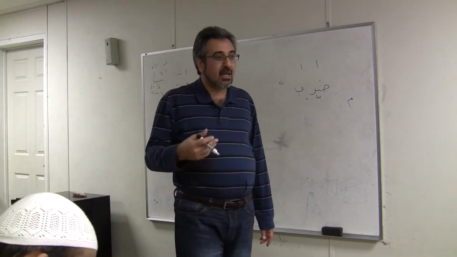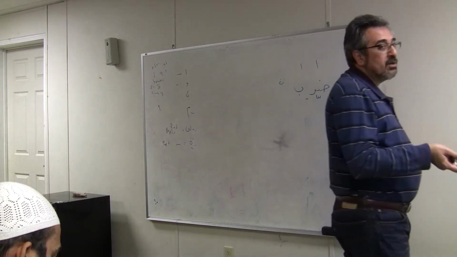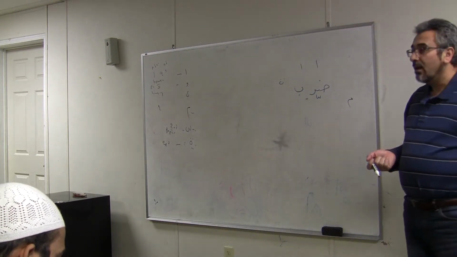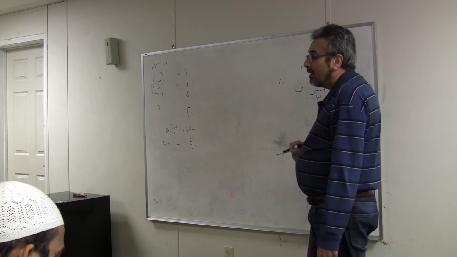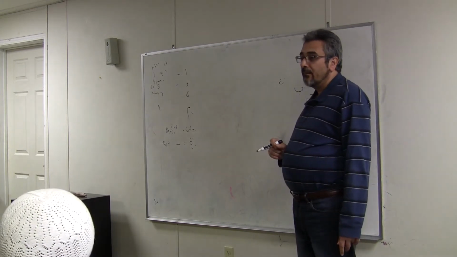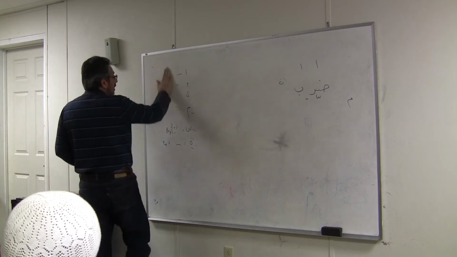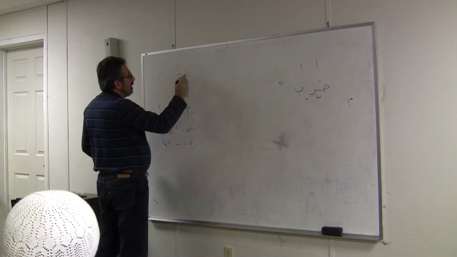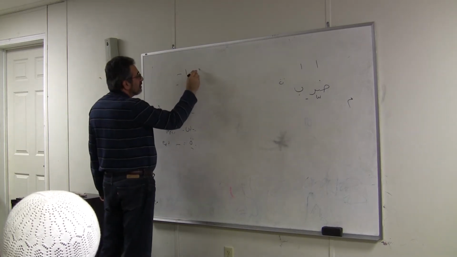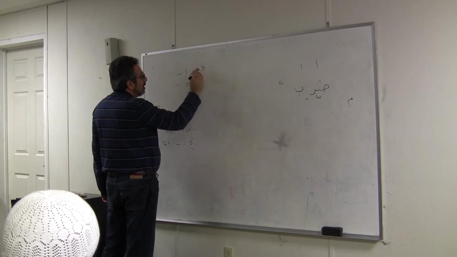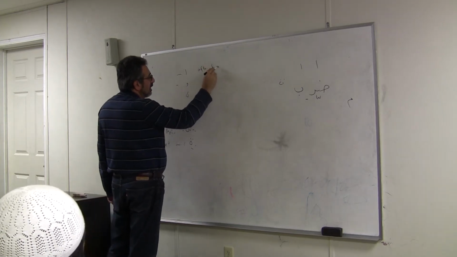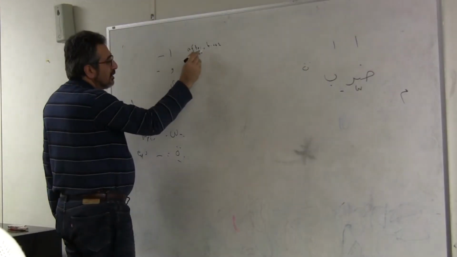Like I said, we're going to practice these to understand it a little bit. The mim is at the beginning. That's easy. Waw and ya, let me write it down, between 2 and 3. Alif, after the first and after the second.